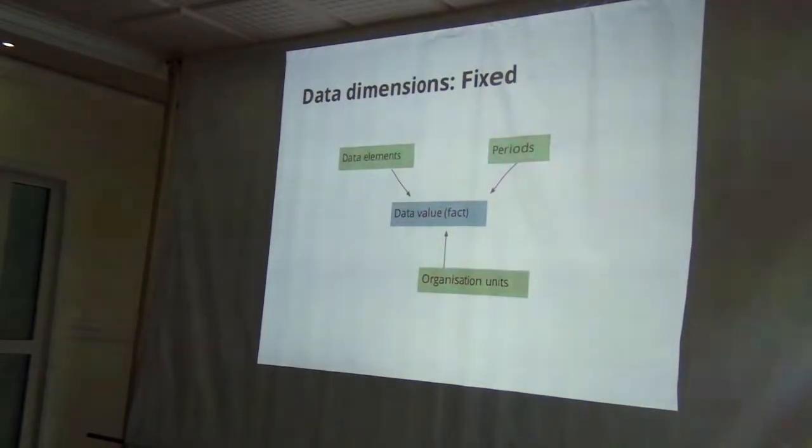So in DHIS, the data is what we call the data value, and the dimensions are the stuff that describes the data. You know? Because if you have something like 5, it doesn't really make sense. 5 doesn't tell you much. 5 is just a fact or a number. What gives meaning to the number is the dimensions that describe the data.